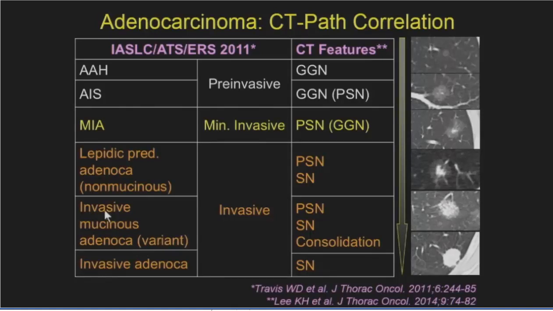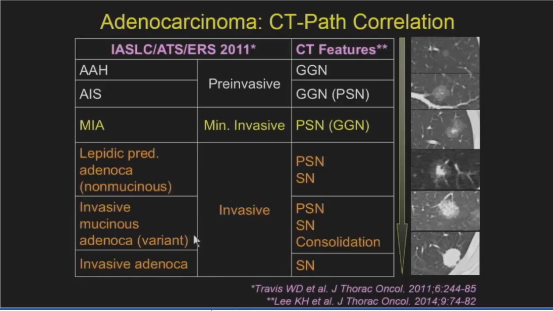The other tumor, invasive mucinous adenocarcinoma, was also previously called in the spectrum of bronchial-alveolar cell carcinoma, but the mucinous type tends to be more solid on CT, either a predominantly solid lesion, a solid nodule, or an area of consolidation, whereas the other types of lung adenocarcinoma tend to be solid.